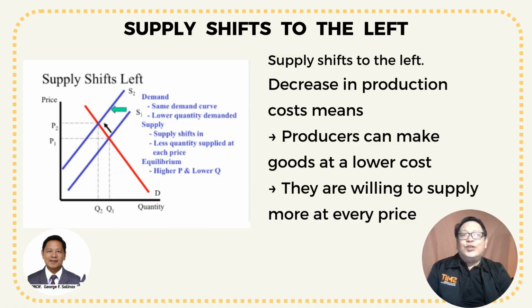And this leads to a higher equilibrium price and lower equilibrium quantity. Often, this is caused by increased production costs, sometimes bad weather, or if there are new taxes or regulations imposed by the government.